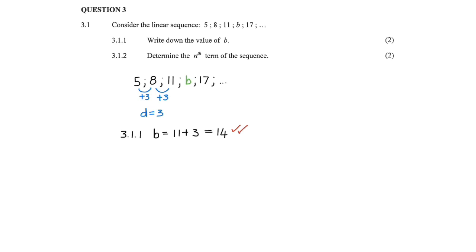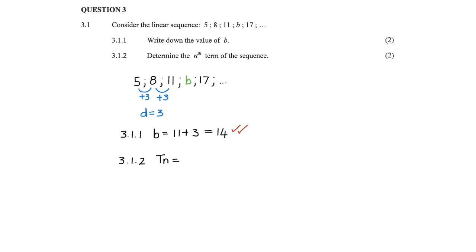Let's move on to 3.1.2. Determine the nth term of the sequence. So the sequence is linear, and there are various ways that you can go about answering this question.